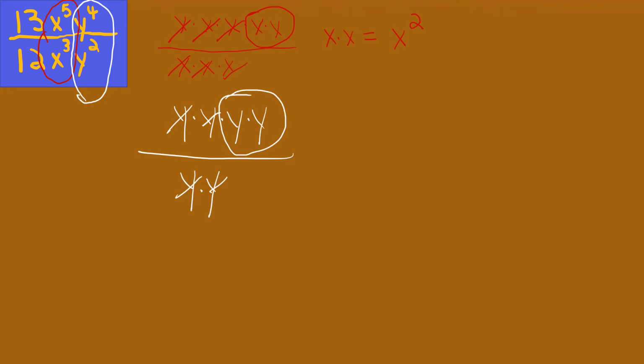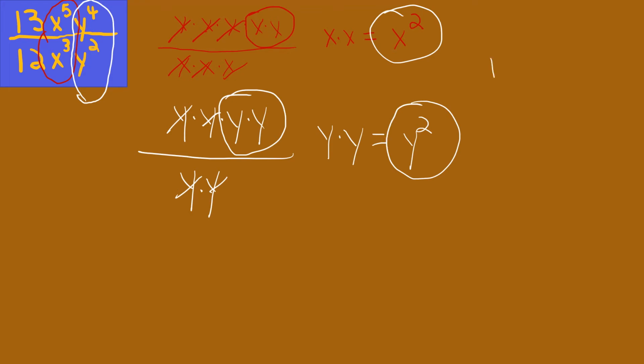We have two y's. y times y is the same thing as y squared. So rewriting this whole problem, we already know that 13 divided by 12 gives us 1 point, I forgot the exact number, but I just put 1.08 x squared y squared, and here's our answer.